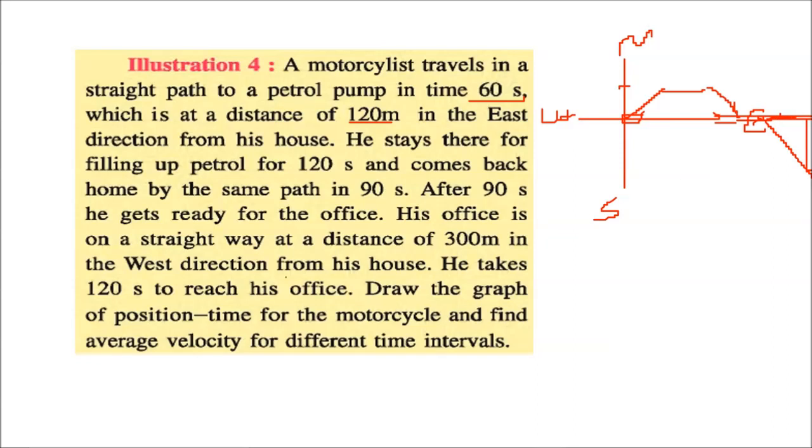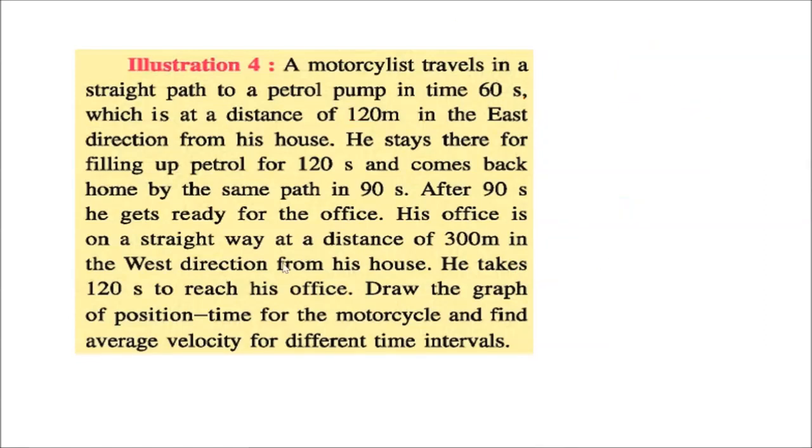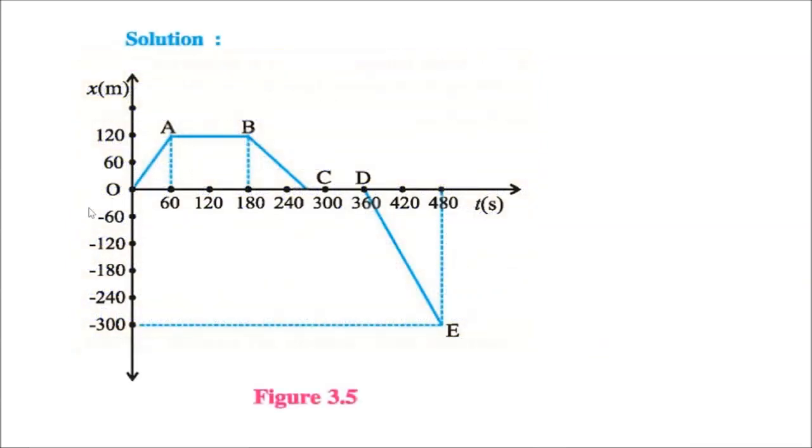Draw the graph of position versus time for the motorcycle and find the average velocity for different time intervals. So the graph will be something like this. Let us see it formally. He starts from 0, he goes to 120 meters in 60 seconds. Then he stays at rest for another 180 minus 60, that will be 120 seconds. 120 seconds he is at rest.